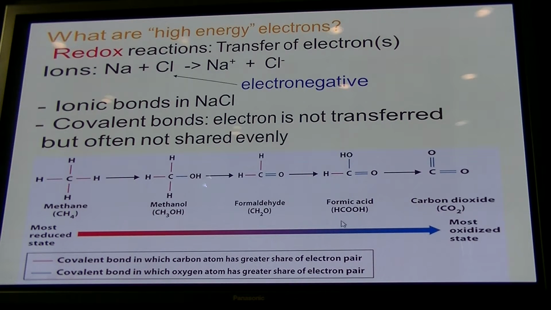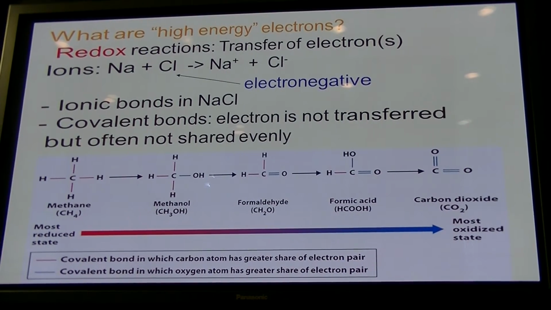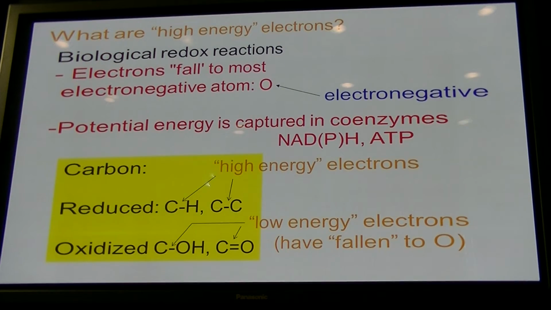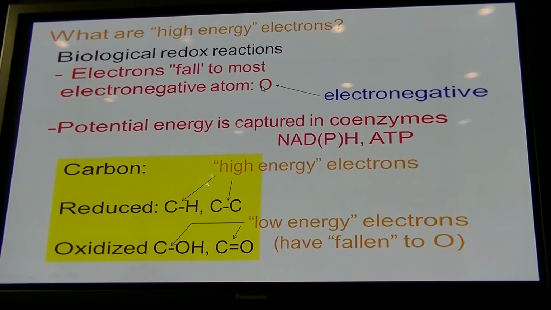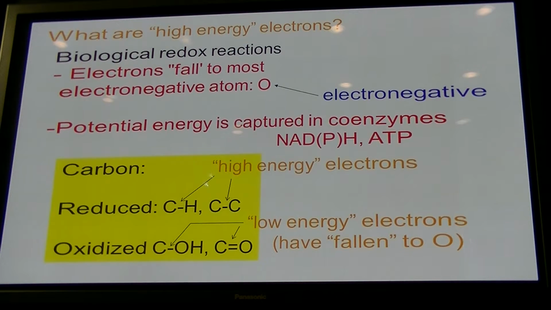So the electrons are not shared evenly in this type of configuration. So we can actually say carbon has lost its electrons, and we call that an oxidation. Alright. So, in biology we can say that the electrons fall to the more electronegative group, and in the context of biology, oxygen and nitrogen are the most relevant electronegative atoms. Oxygen being the most important.